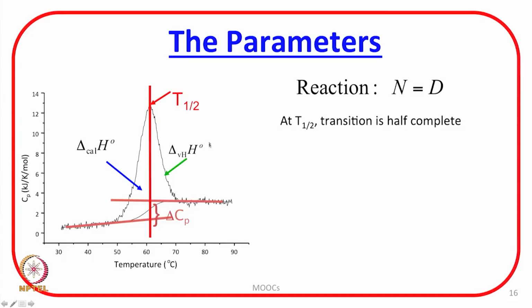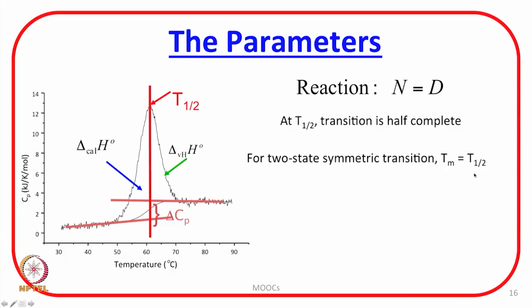Let us remember this, and that is what is commented over here, that at T half the transition is half complete, and if this transition is symmetric, please note this, then the Tm, that is the temperature where heat capacity is maximum, will be the same as T half.